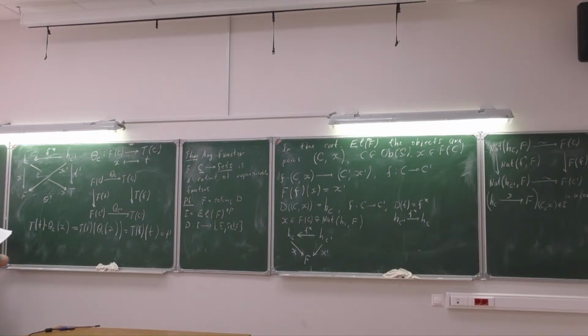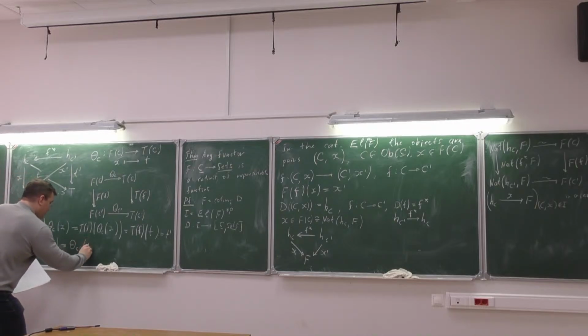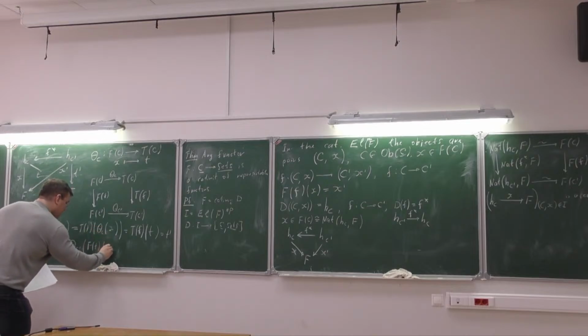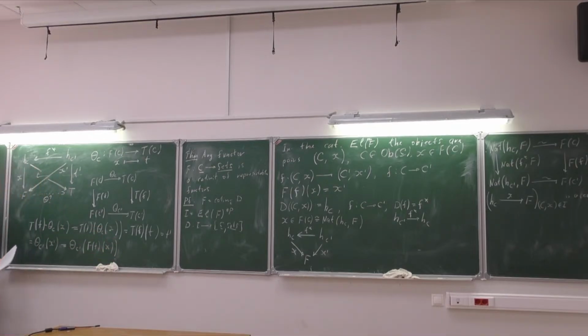But this thing is just t prime. And on the other hand, I can also write this t prime as theta sub C prime of x prime, still t prime. And I can write this as theta sub C prime of F of little f of x, which is the composition of another two maps on this diagram.